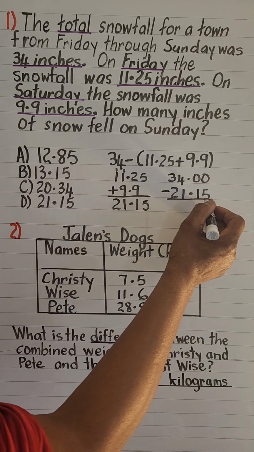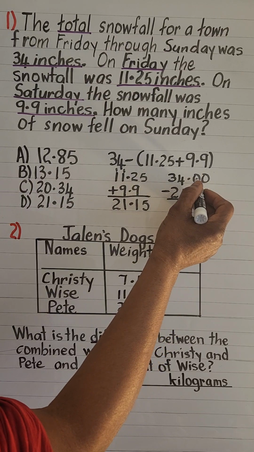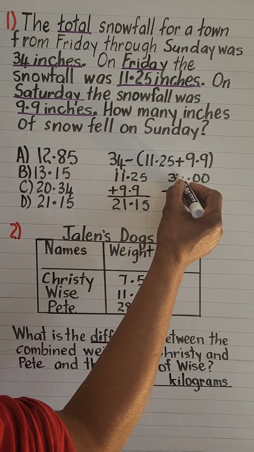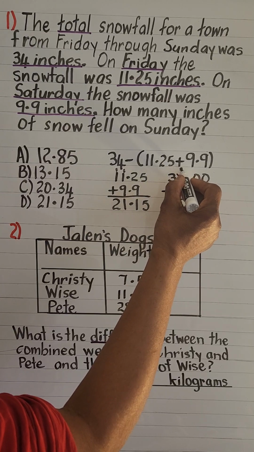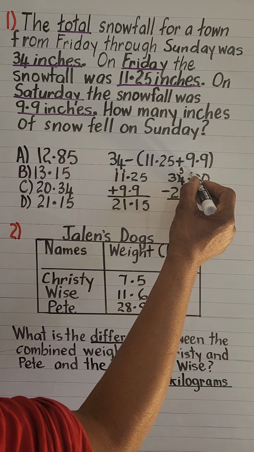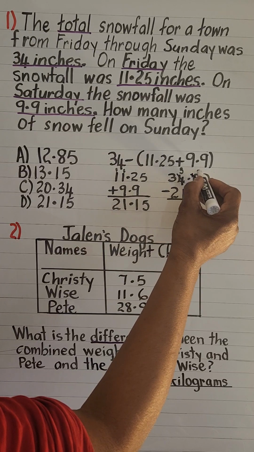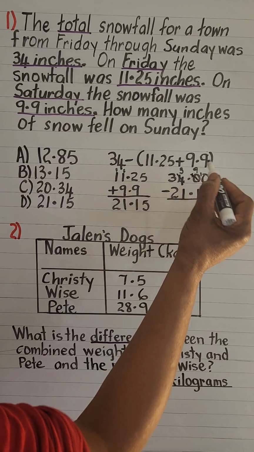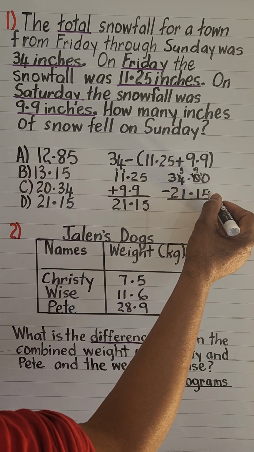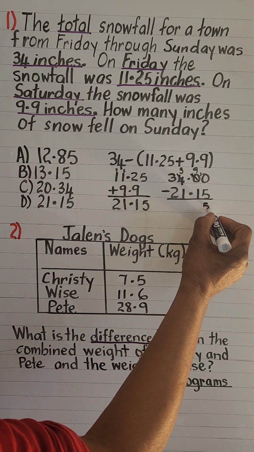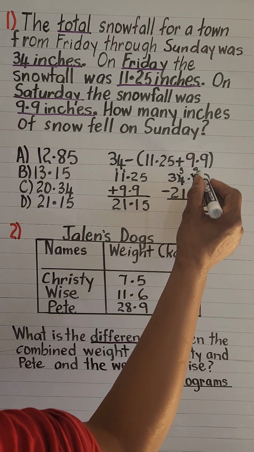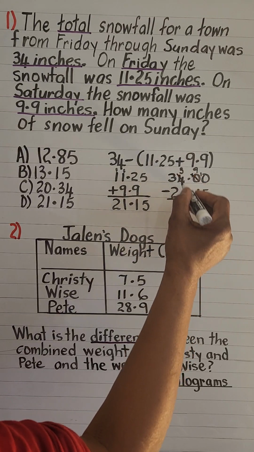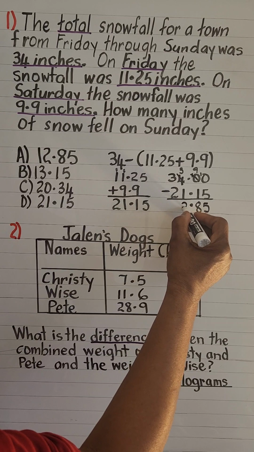0 take away 5, can't. Go to the tenth, there's nothing, so we go to the ones and we borrow 1, leaving 3. This makes 10, so we can now borrow 1, leave 9, and now this is 10. So 10 take away 5, 5. 9 take away 1, 8. 3 take away 1, 2.